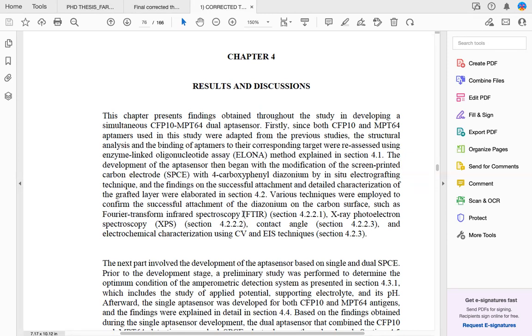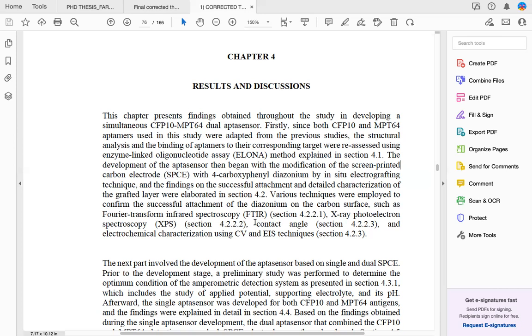If you have a procedure in chapter 3, then there must be results presented in chapter 4. You cannot skip, right? So here, he has listed all the characterizations that he used to confirm the surface modification. So this is also something very important for you to know.